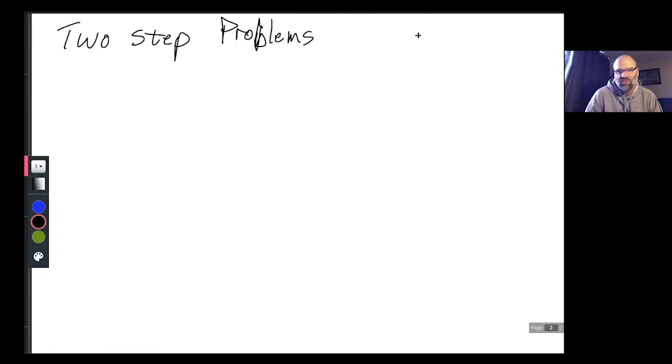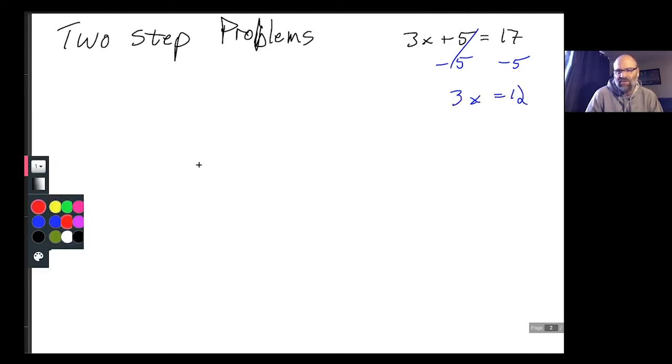So for example, 3x plus 5 equals 17. To solve this equation, you first have to get rid of the 5. That's one step. And then you have to get rid of the 3. Divide by 3, divide by 3, x equals 4, and you're done. These are two-step equations, okay? That's not what I'm talking about.